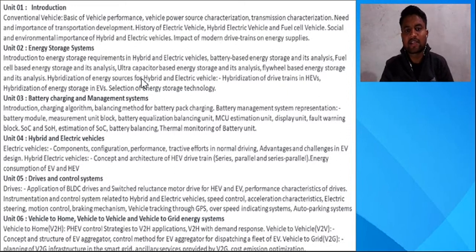So we will study various types of capacitors in this unit. After that, flywheel based energy storage and its analysis. After that, hybridization of these sources. Whatever sources we have discussed right now, we can hybridize those sources to improve the overall efficiency.